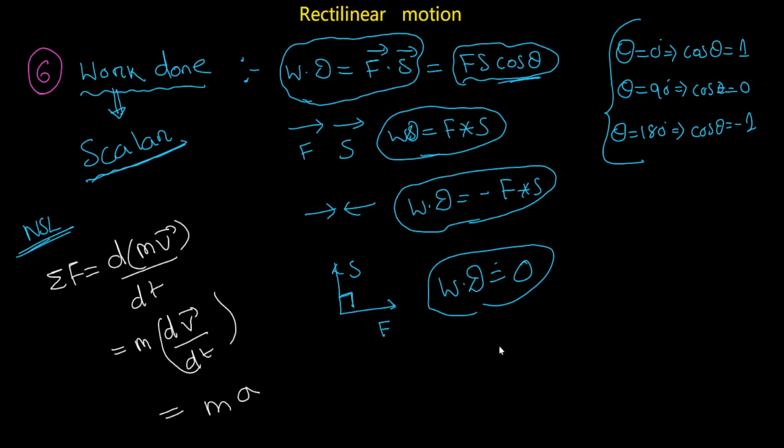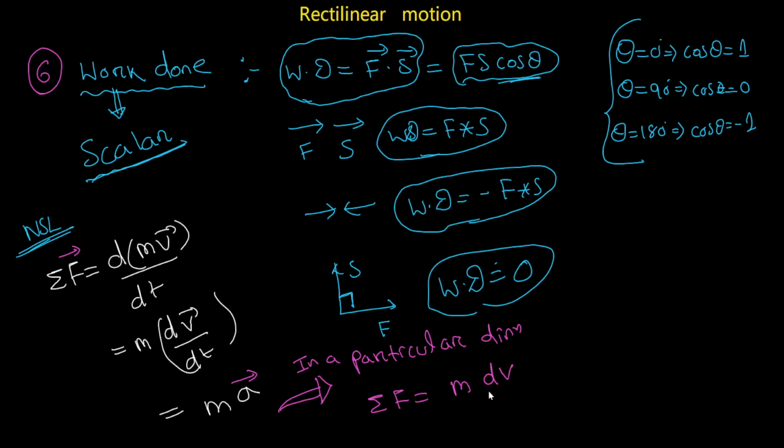From here, I will remove the vector notation and write in a particular direction. The net external force will be m times dv by dt.